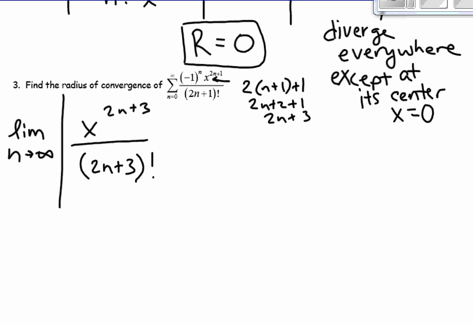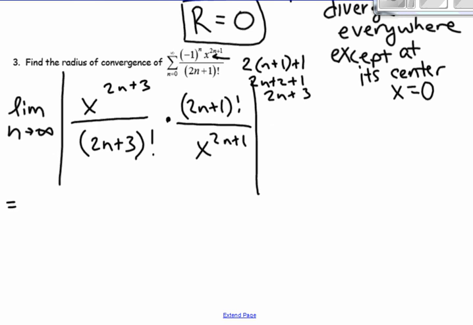Now, since my series is a fraction, I'm going to multiply by the reciprocal of the original nth term, which would be (2n plus 1) factorial divided by x to the 2n plus 1. Okay, clean this up a little bit. So now let's look at the x's. We have x to the 2n plus 3 divided by x to the 2n plus 1.